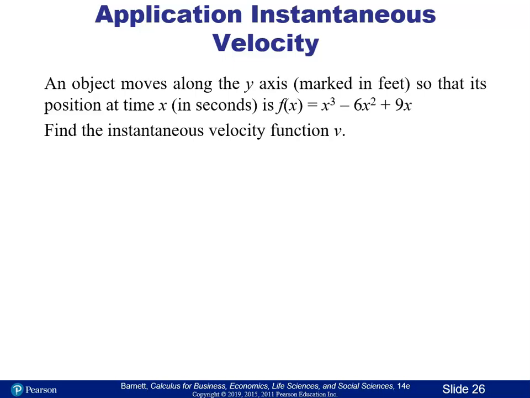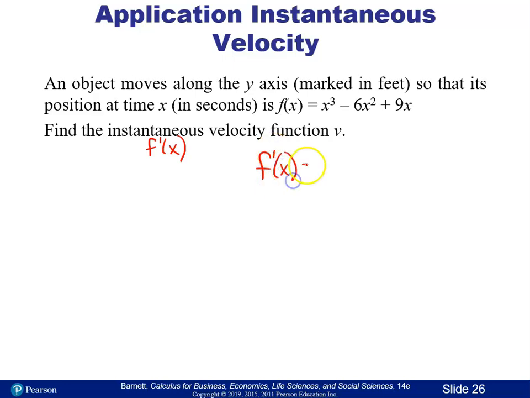All right, the last thing, you really can't do calculus without talking about velocity and acceleration just a little bit. So if we're talking about velocity, the instantaneous velocity, that's just another way of saying the derivative, okay? So we want to find the instantaneous velocity, so we want to find the derivative of this expression.